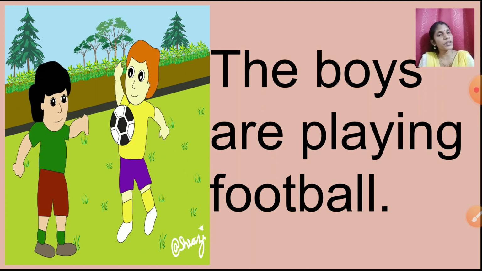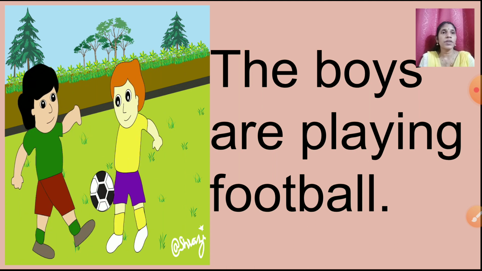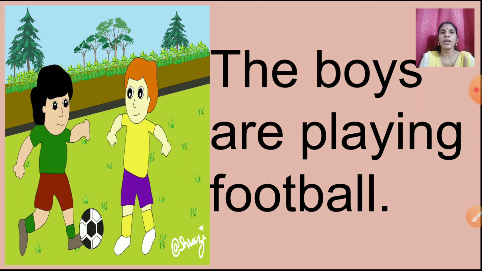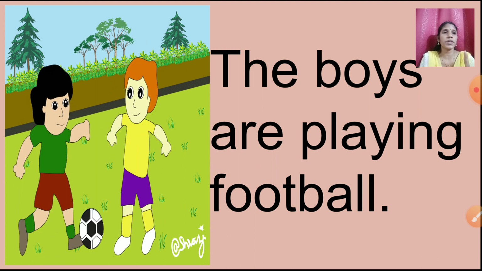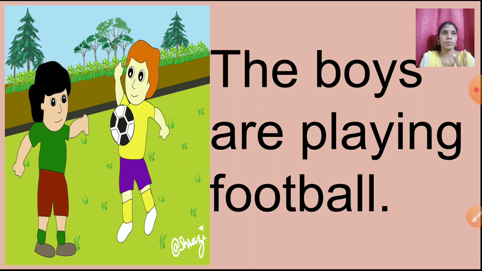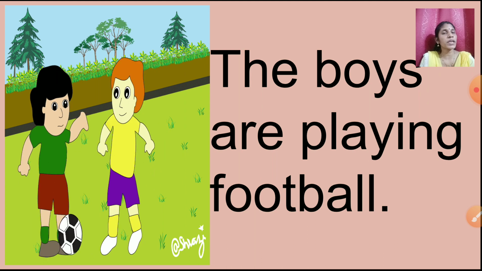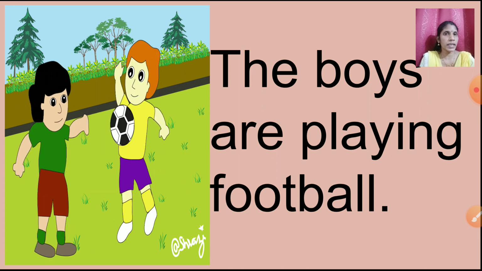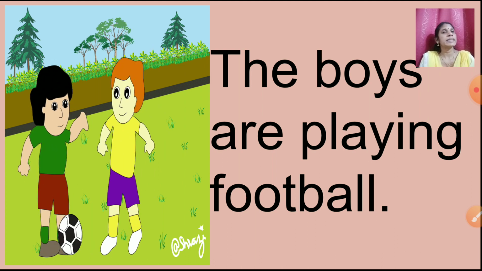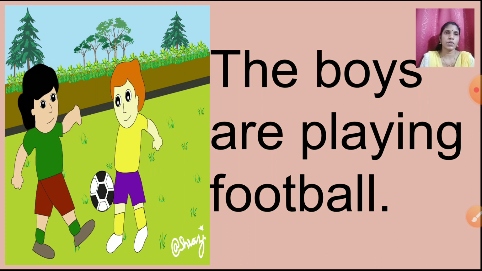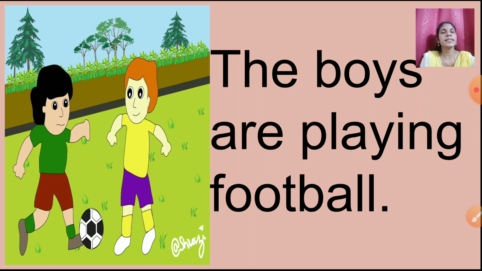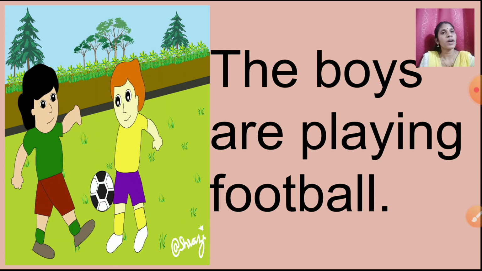In the earlier slide, you have seen that we were talking about only one boy. But here we are talking about two boys. So when we are talking about more than one naming word, that time we are supposed to use are. Okay, now let us see the definition of are.